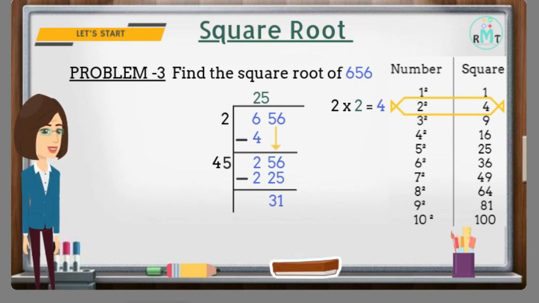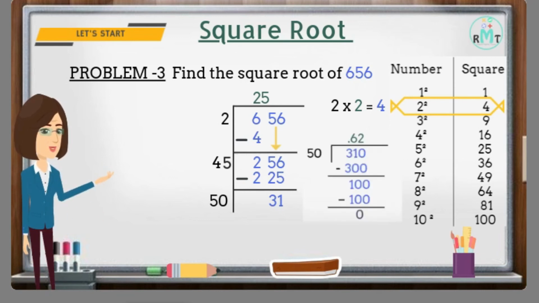Next, we add the quotient 5 with divisor 45 and make it 50. Hence, we cannot continue the division with 31 as a remainder and 50 as a divisor. Hence, we divide 31 by 50 and get the answer as 0.62.